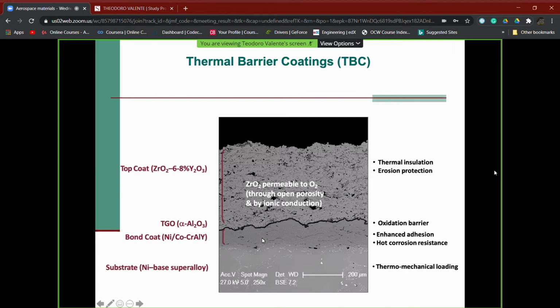And if you have a look at this picture, you see that the black dots we have in the top coat, as we said before, do not exist in the bond coat.